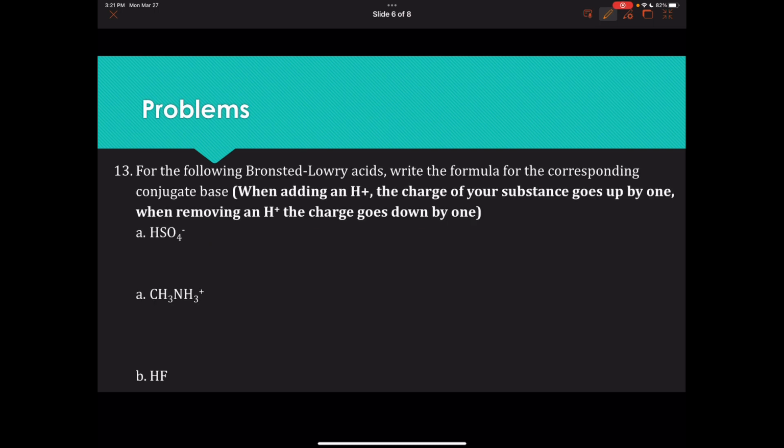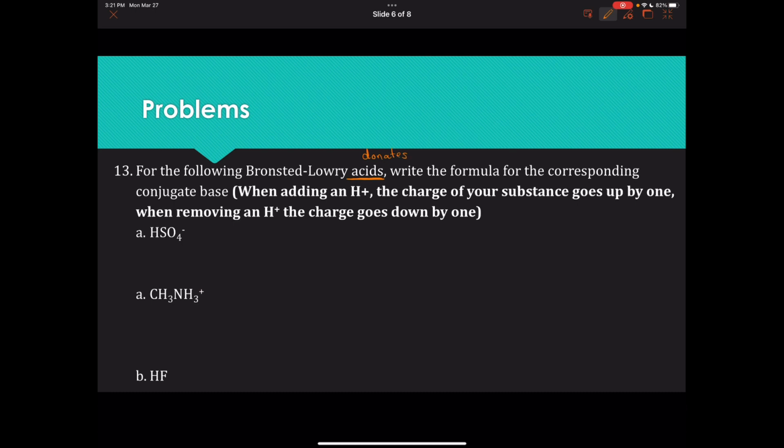So in addition to being able to identify conjugate acid-base pairs, we need to be able to write proton transfer equations, so showing that acid or base transferring its hydrogens. So for the following set of substances, we're told these are all Bronsted-Lowry acids. So if we've identified something as an acid, that means it is donating hydrogens.